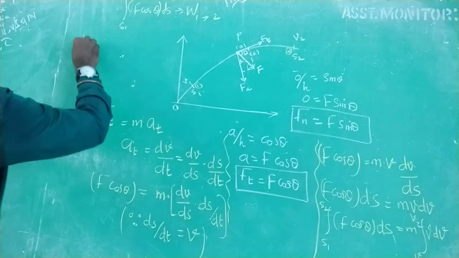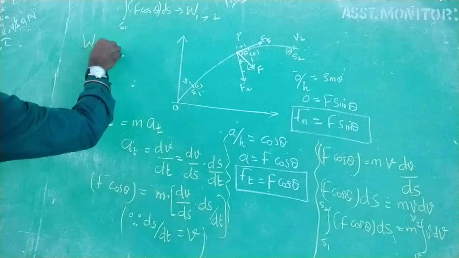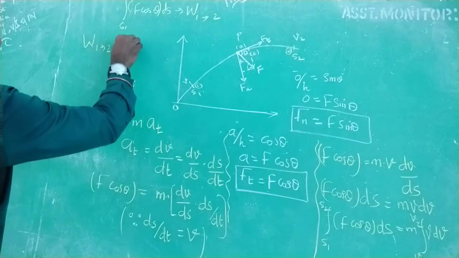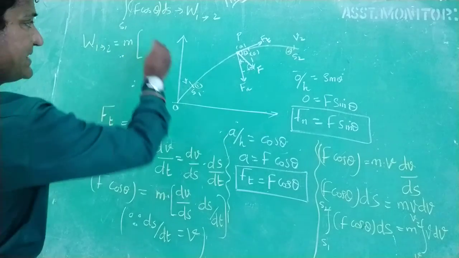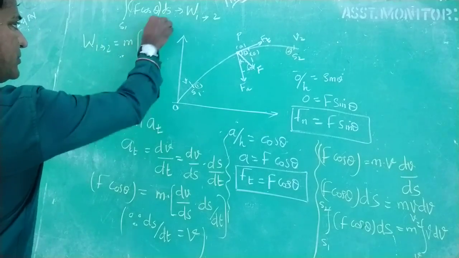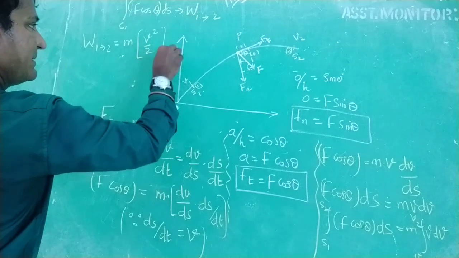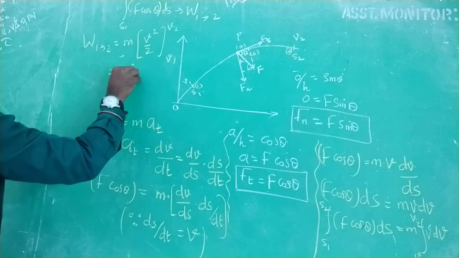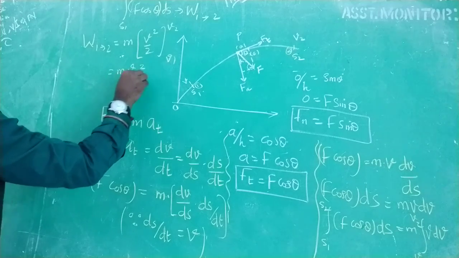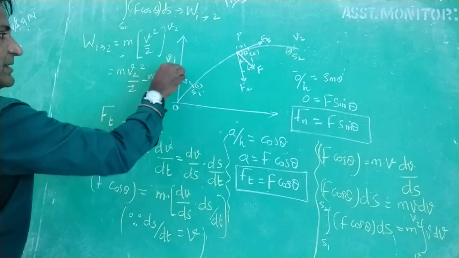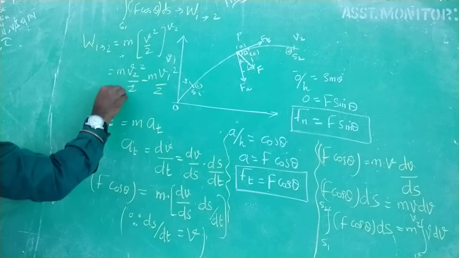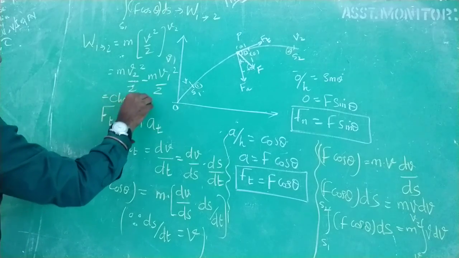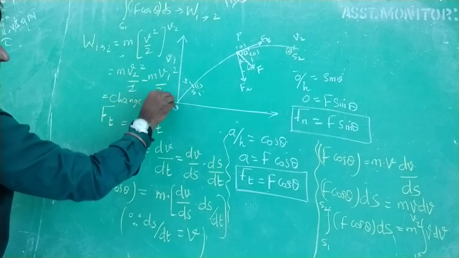So I can write work done from 1 to 2 is equal to m into the integration of v dv, which is v squared by 2, with limits v1 to v2. Let me apply the limits: m into v2 squared by 2 minus m into v1 squared by 2. This is nothing but the change in kinetic energy.